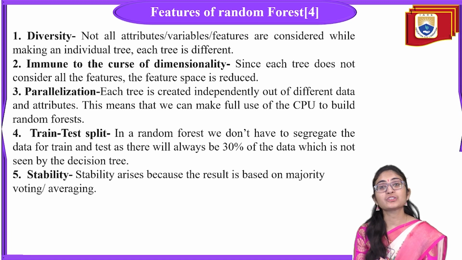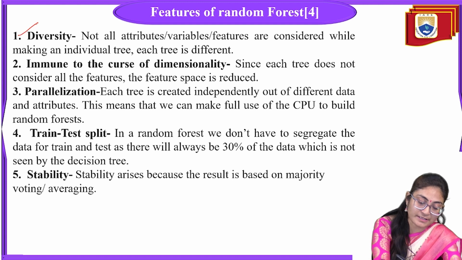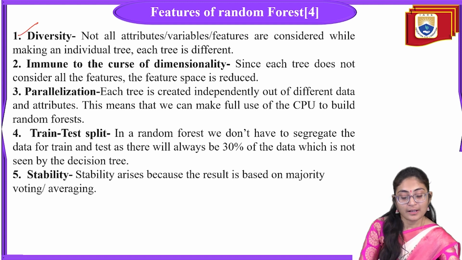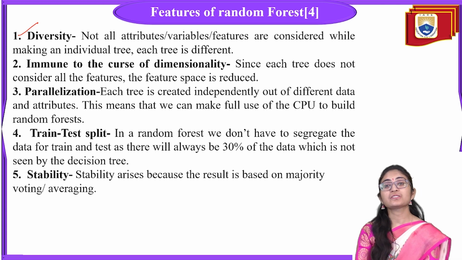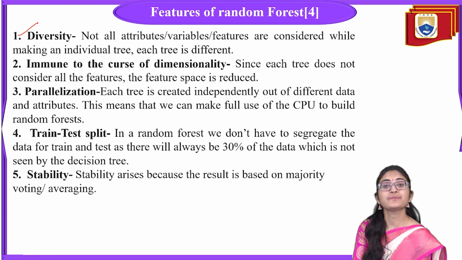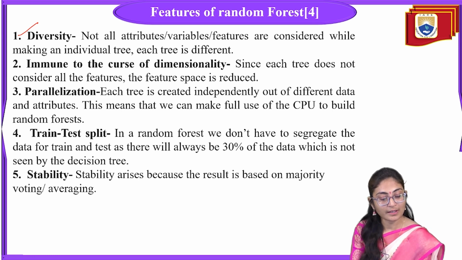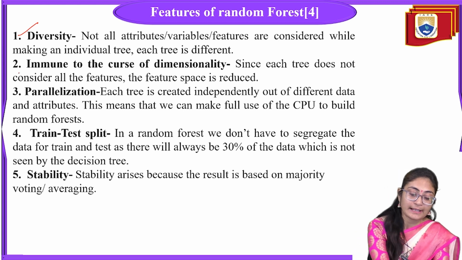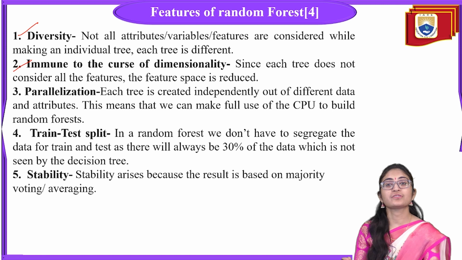Now there are some features of the random forest. First one is diversity. Not all attributes, variables or features are considered while making an individual tree. Each tree is different. Second one is immune to the curse of dimensionality.